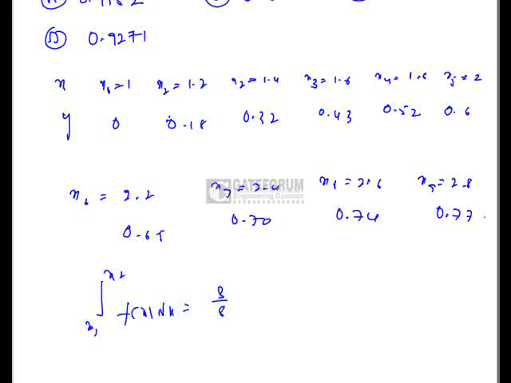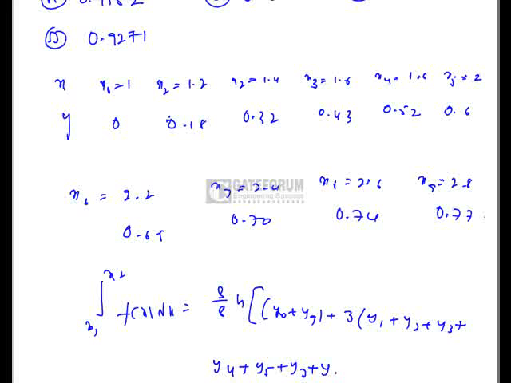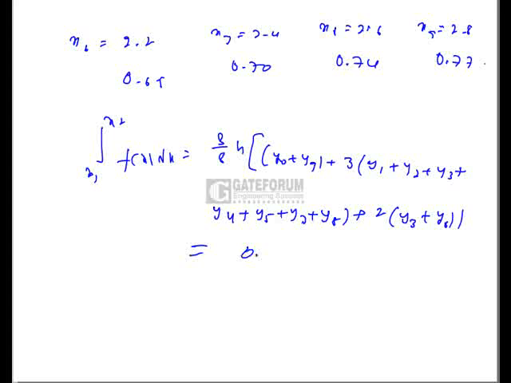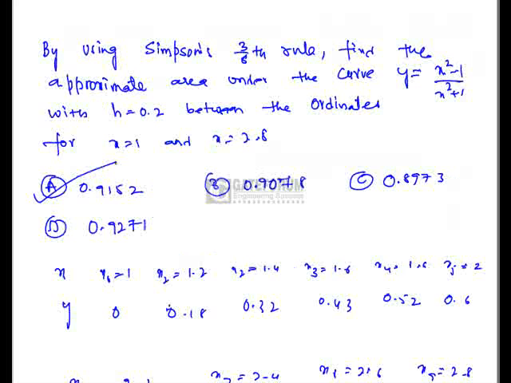Now 3/8 rule is 3 by 8 times h, first term plus last term plus 3 times of y1 plus y2 plus y4 plus y5 plus y7 plus y8. That means the suffixes of multiples of 3 should not be there. So plus 2 times of y3 plus y6. If I substitute all the values and simplify, answer will be 0.9152, which is nothing but A.